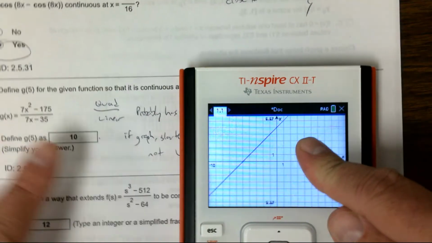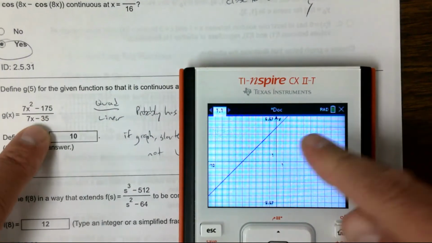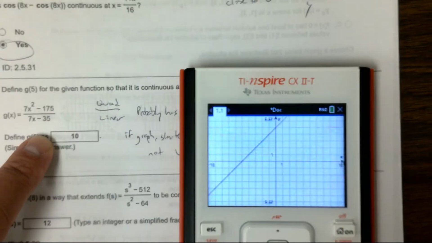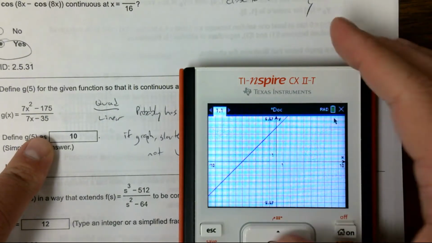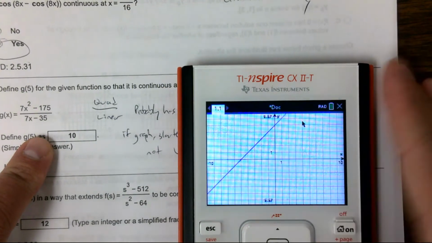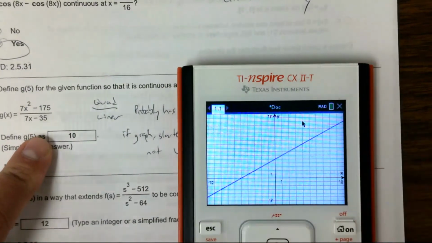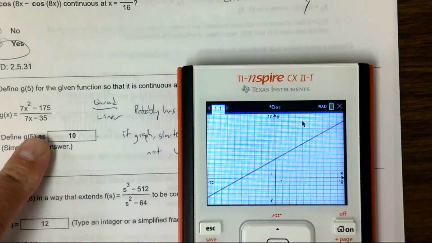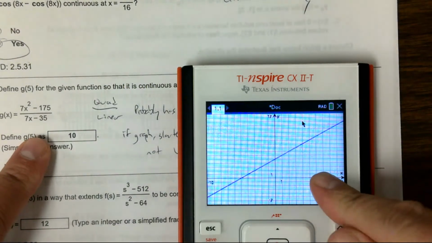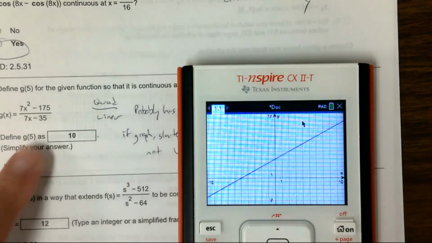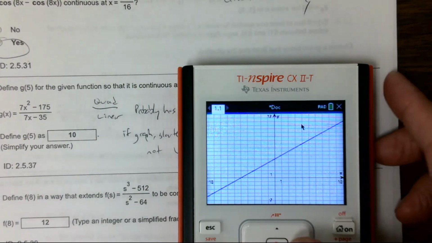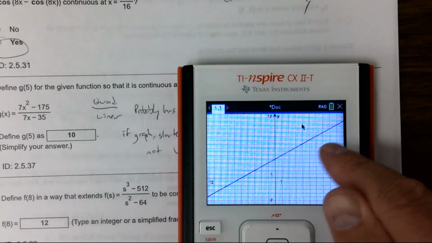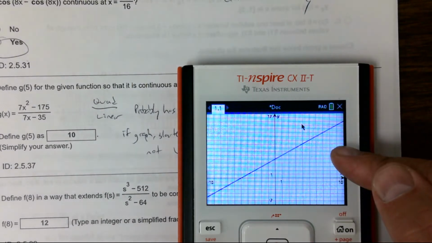So remember, if it's quadratic on top and linear on bottom, it's going to have a hole. Now the hole's not going to be visible if you do menu 4A. It still looks continuous. So this is where you can't just rely on your graph. Let me pause this for a second. Okay, so what I was saying was, in your graph it doesn't look like it could be a hole, it looks continuous.